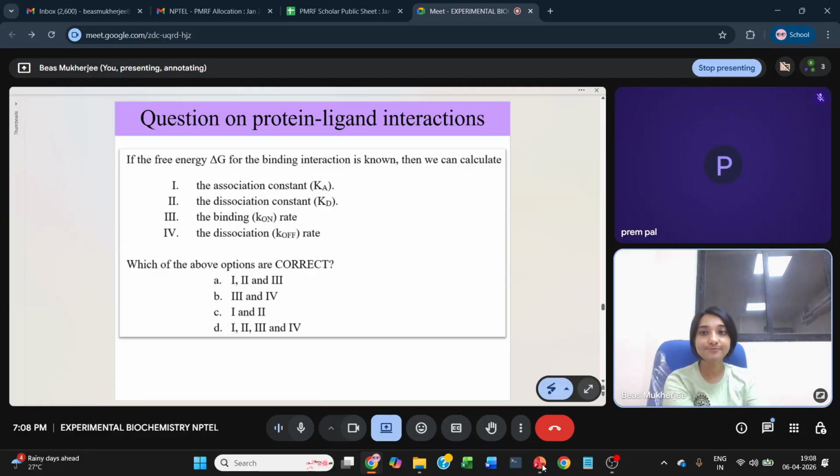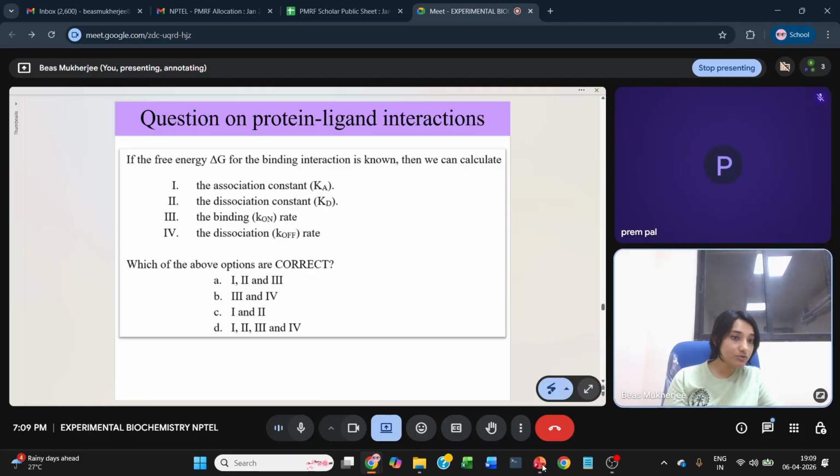If the free energy, that is delta G, for the binding interaction is known, then we calculate what? Which of the options is correct? Association constant, dissociation constant, binding on, off. What can you calculate from free energy? One of the equations is delta G equals minus RT ln KD, so from there you can know KD.